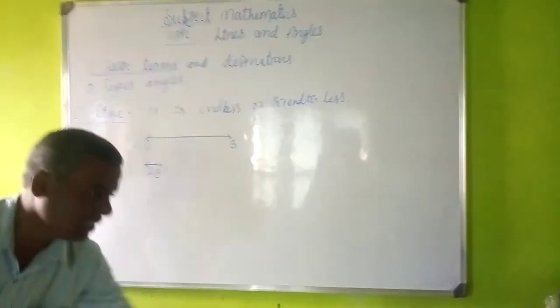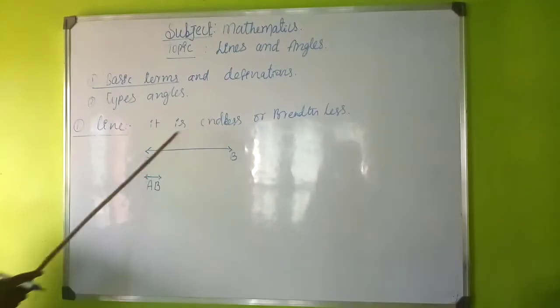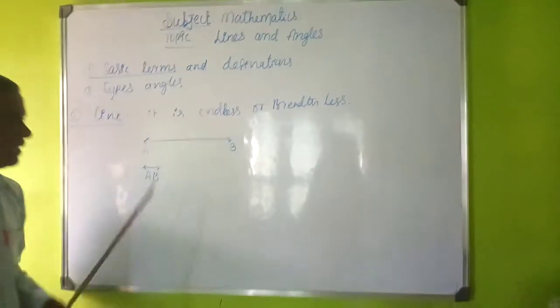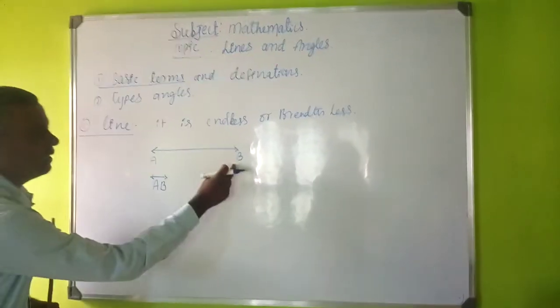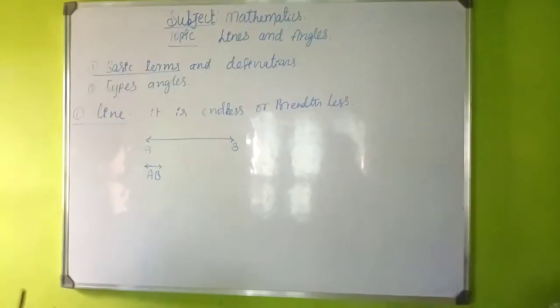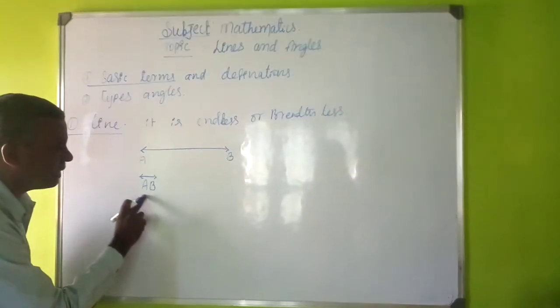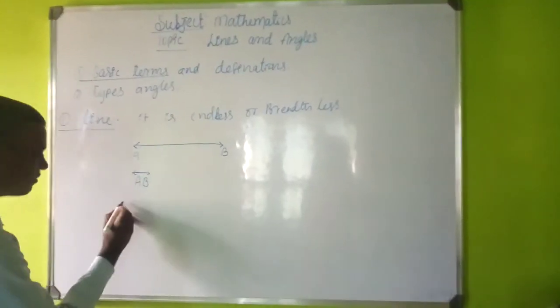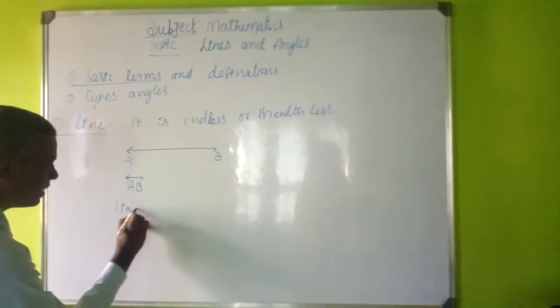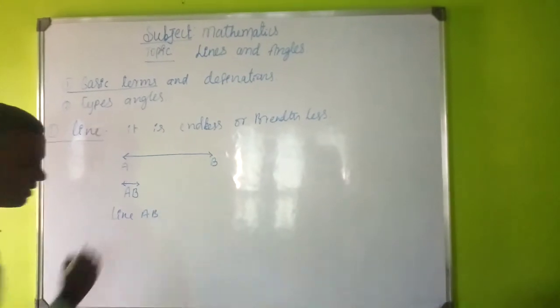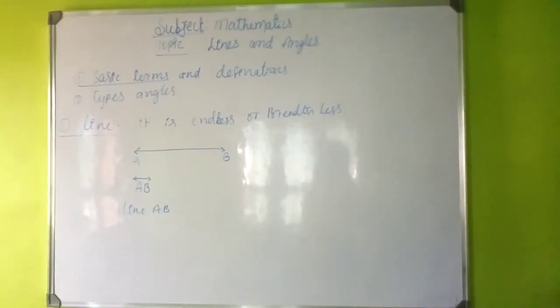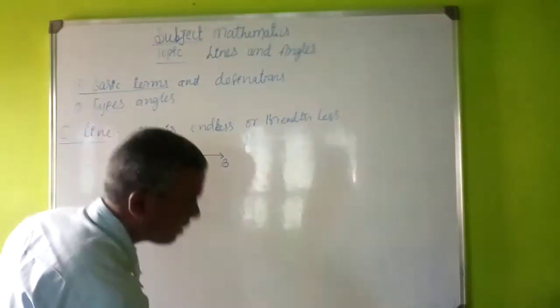Once again, dear students, line means it is endless or breadthless. We write it in geometry as line AB. How to read this? Line AB. Okay students, next we move on to the next one.